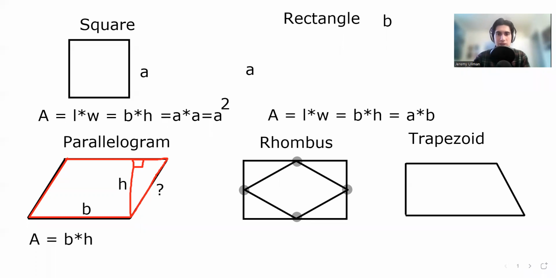Okay, but what's the area of a rhombus? Well, the area of a rhombus is going to definitely be related to the area of a rectangle because it fits inside of it. It connects the midpoints. So let's see if we can be a bit clever about this. We're going to split the rectangle into 4 quadrants, 4 regions. We'll split it in half vertically, and we'll split it in half horizontally. So we can see now that the rectangle has been split into 4 blue regions like this.